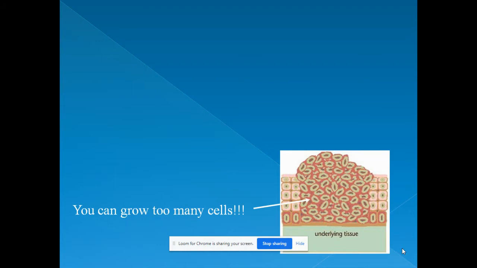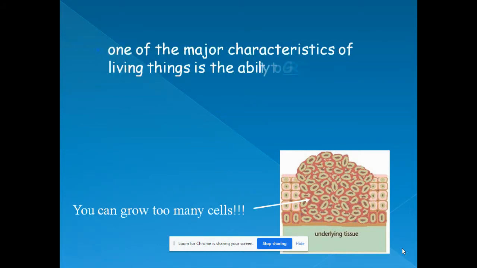But it's important to understand why we have to grow. When we grow, we don't grow the cell. We actually make more cells. One of the major characteristics of living things is the ability to grow. So what's the reason our cells go through the mitosis process?